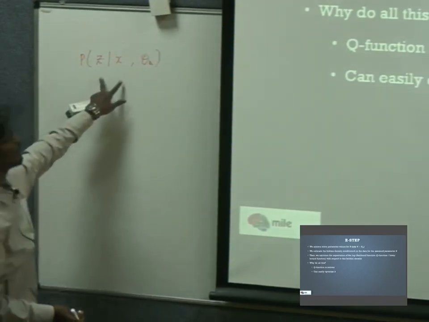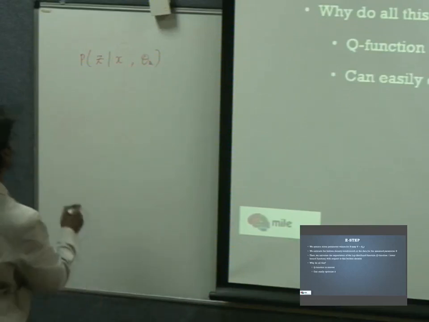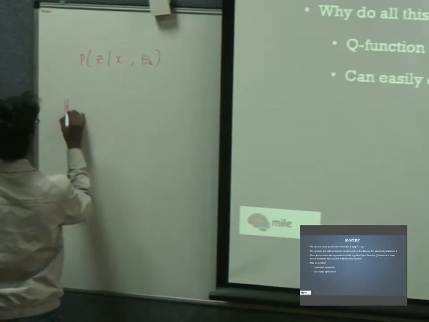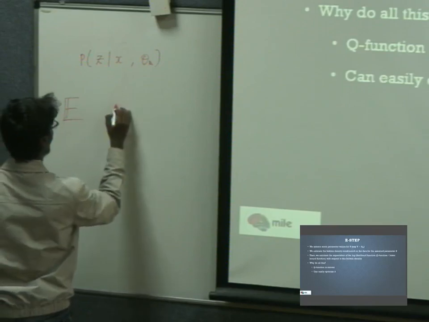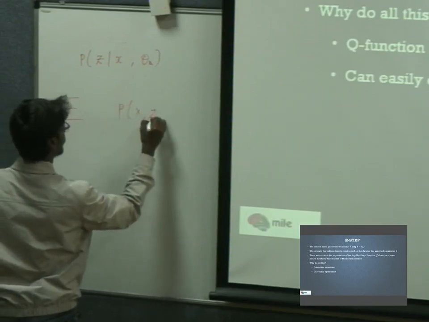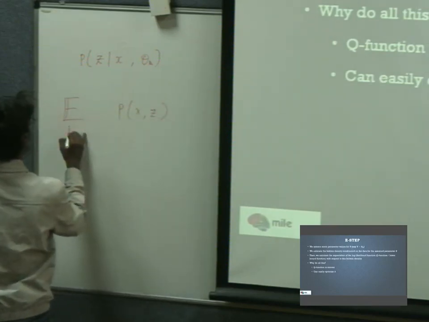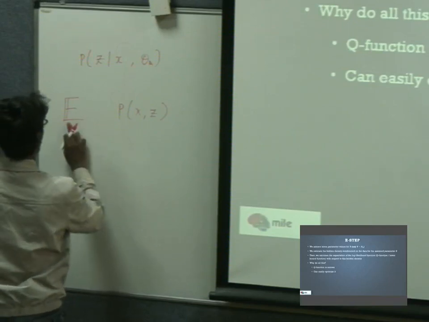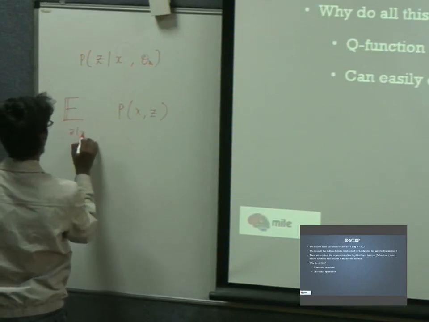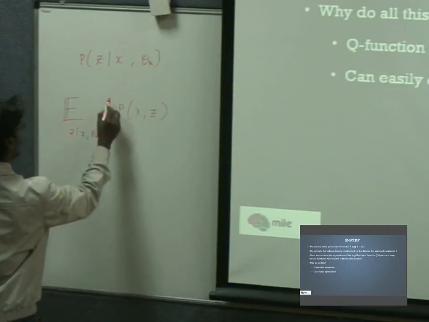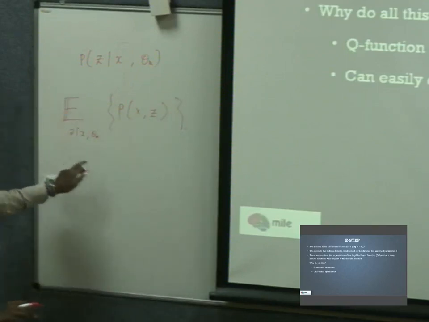So this is very important. And then we take the expectation of whatever joint density that we calculated with respect to this density function. Okay.